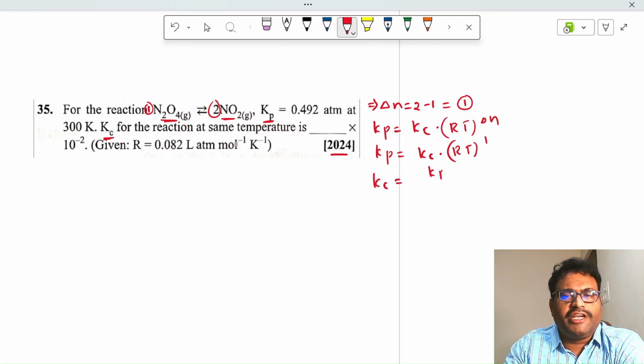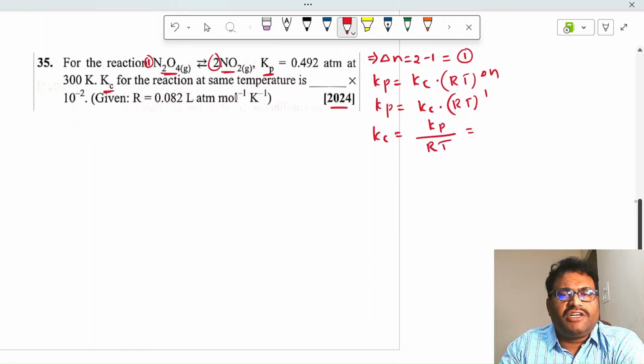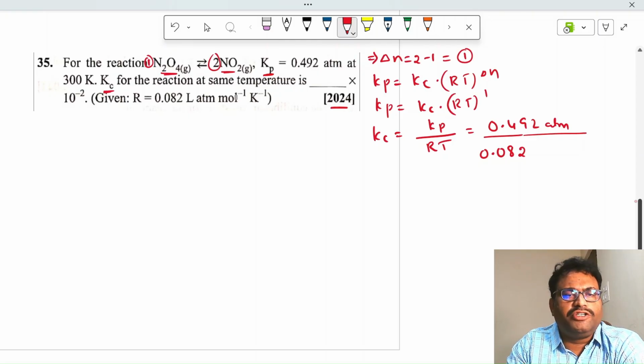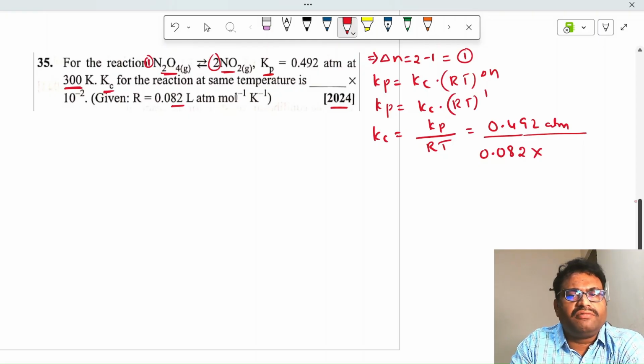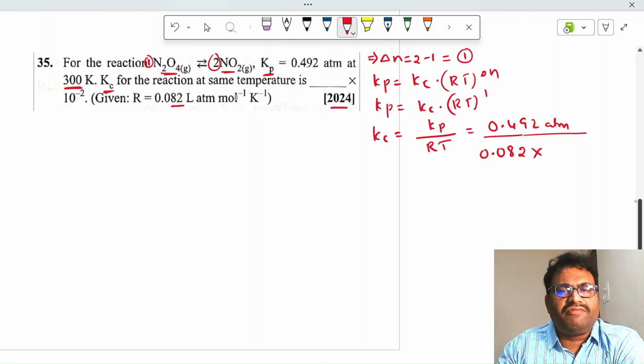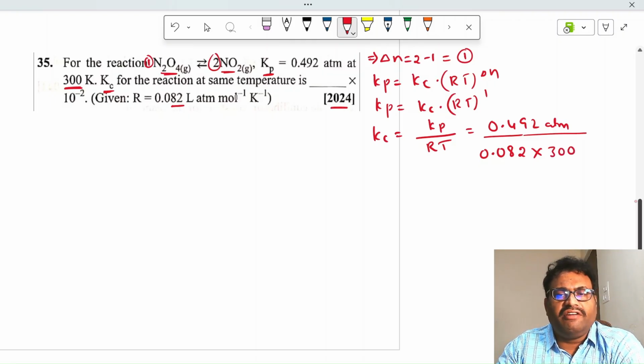Kc is equal to Kp by RT. Kp given is 0.492 atmospheres, and the R value is 0.082 liter atmosphere per mole per Kelvin. What is the temperature at which this reaction is occurring? 300 Kelvin.